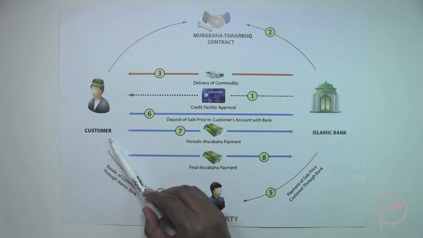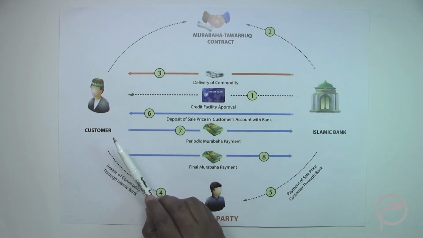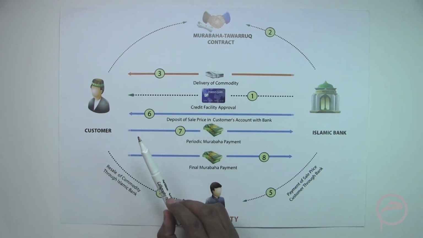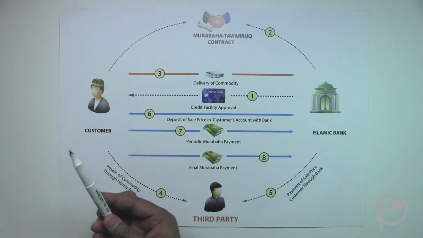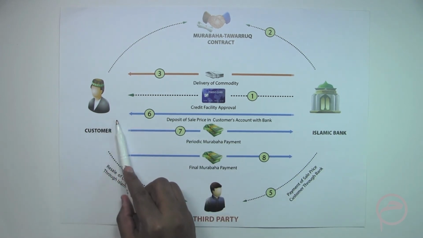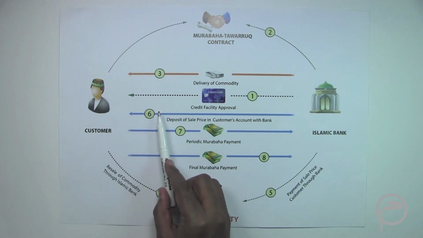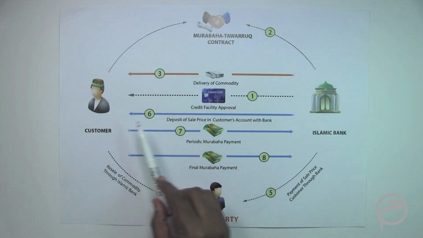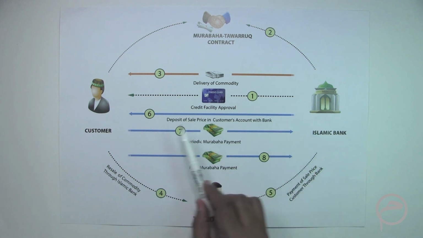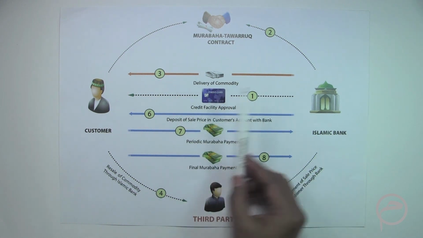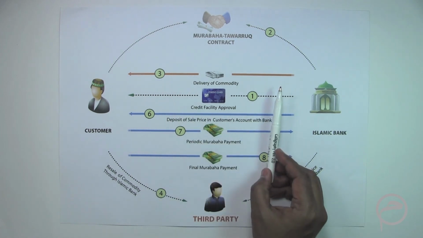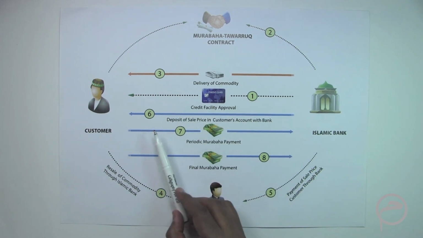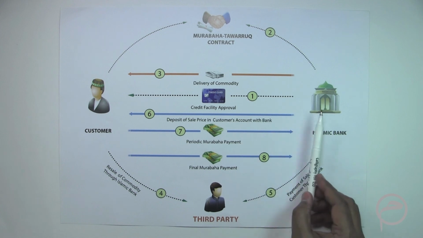Because there has to be a periodic payment, and generally, as we are aware, in credit cards there is at least 5% of the payment to be made on a monthly basis. So the customer is obliged to pay at least 5% of the limit amount on a periodic basis, plus the profit portion, which in this case, for example, was $5, a portion of which also needs to be paid monthly to the Islamic bank.